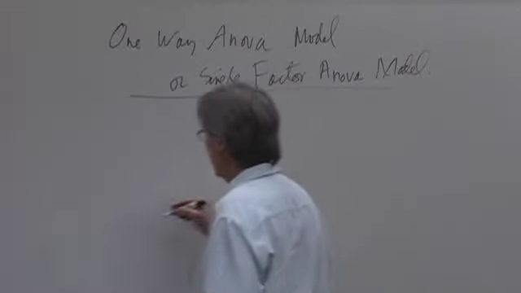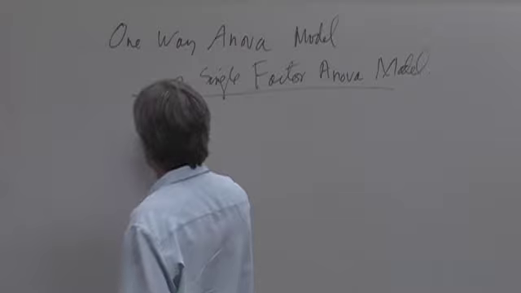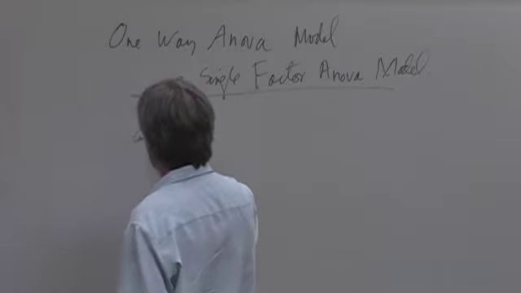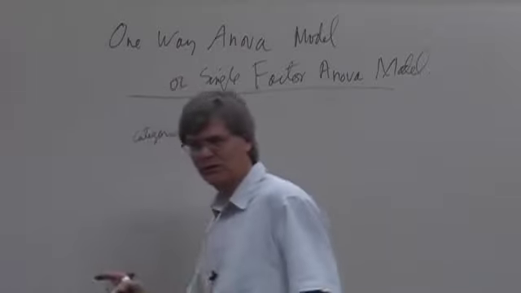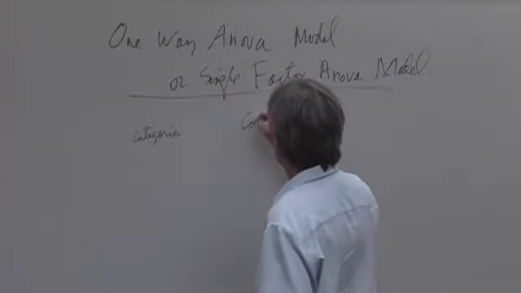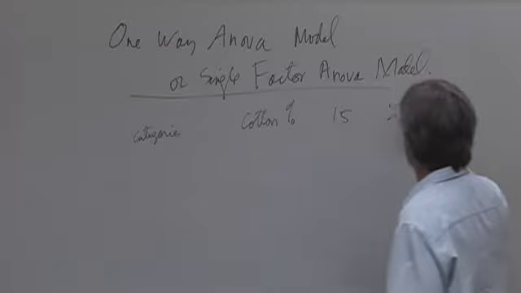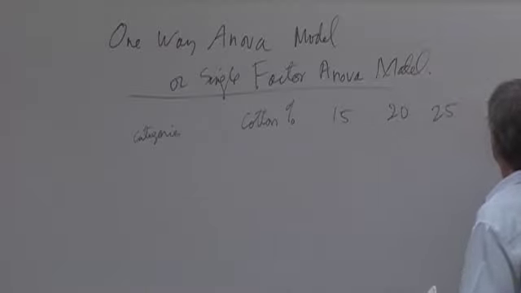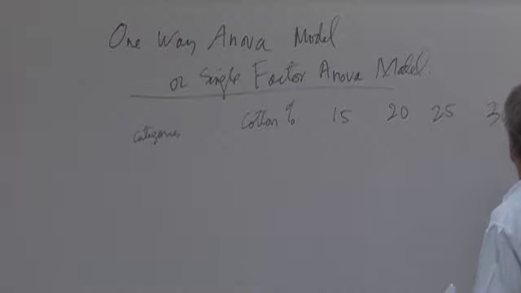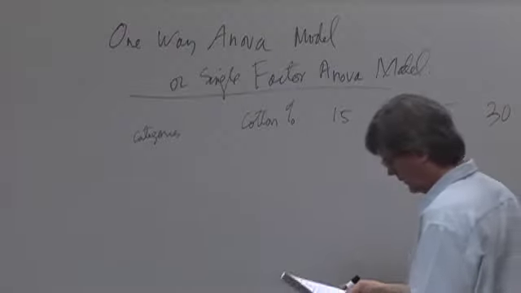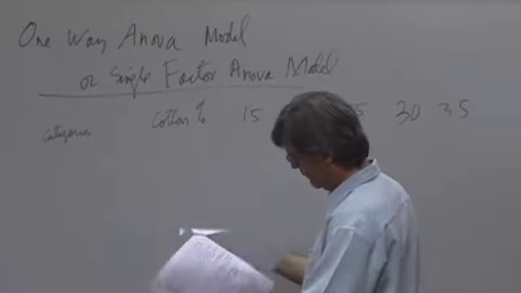What you have is some categories which might actually be defined by a numerical variable, as it is in this case, cotton percent. And I'm going to transpose the table so that the data comes in columns instead of rows.